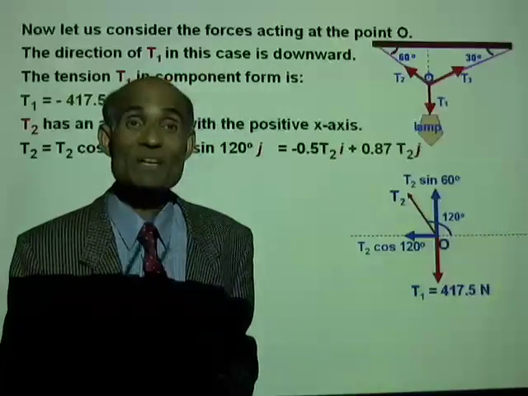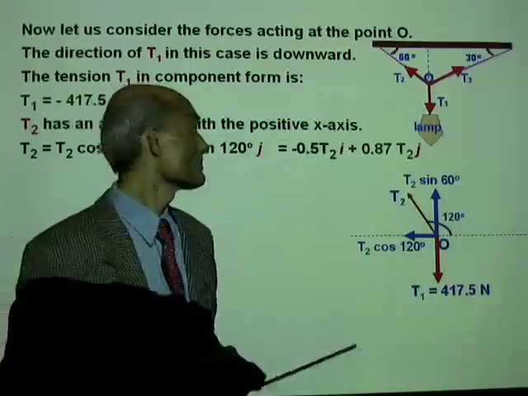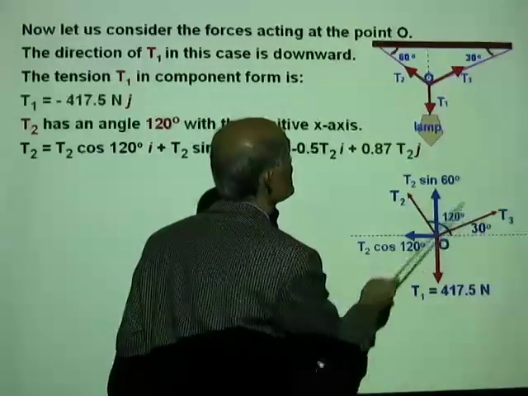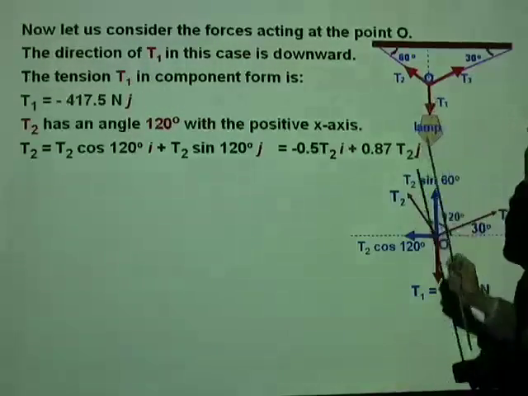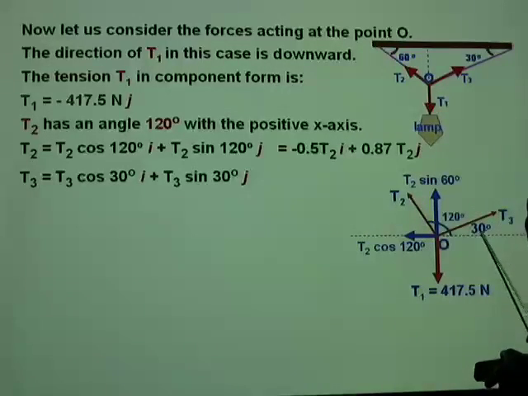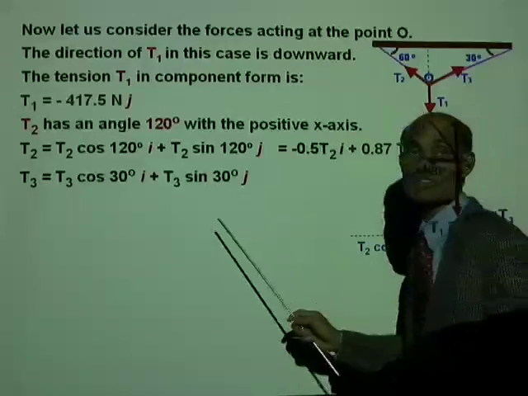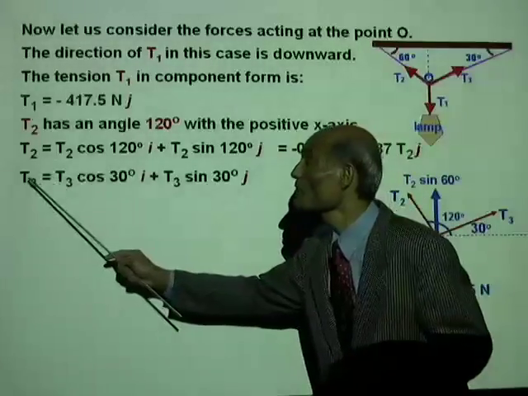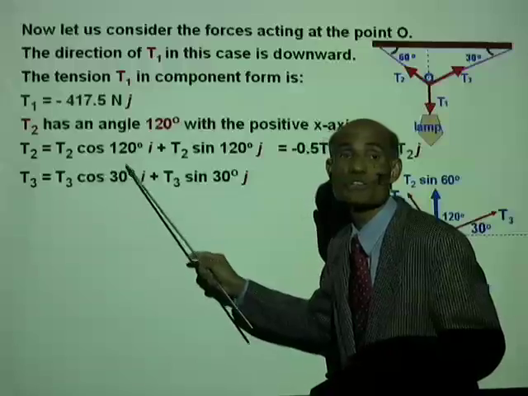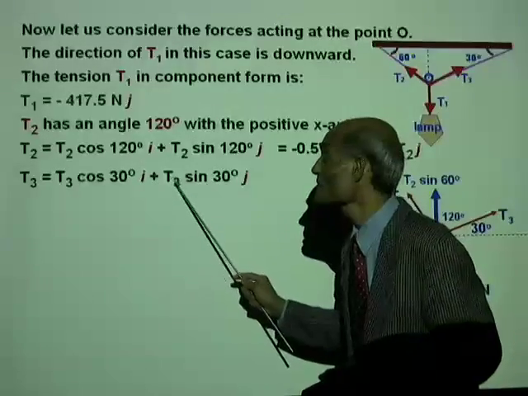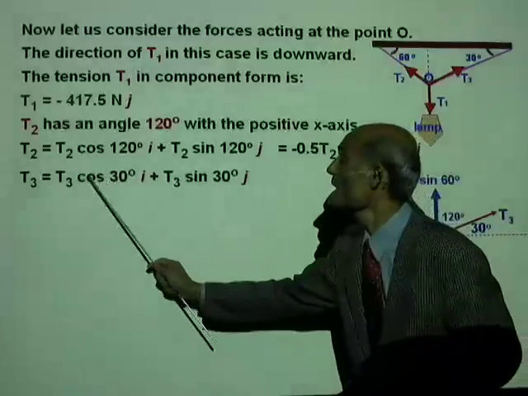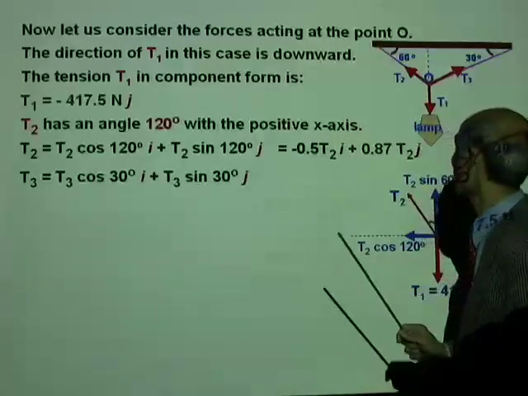Can you do the same thing with T3? T1 we already dealt with. T3 makes an angle of 30 degrees with the x-axis. It means its component form is T3 equal to T3 cos 30 degrees I plus T3 sine 30 degrees J. And can you obtain these values like this?